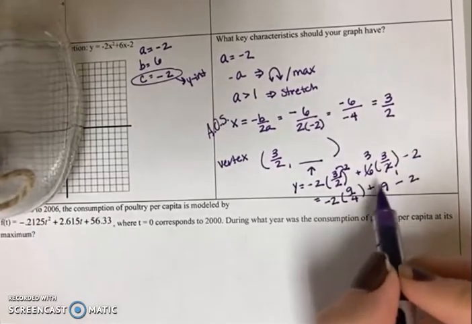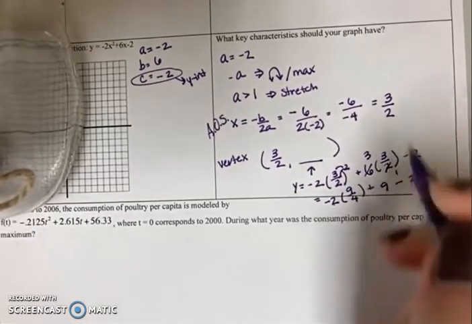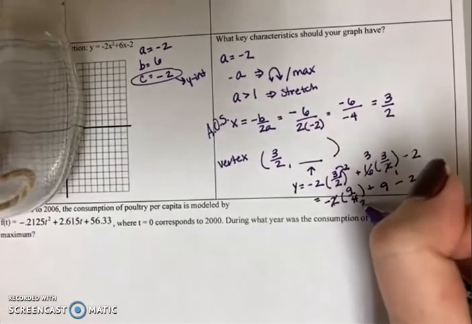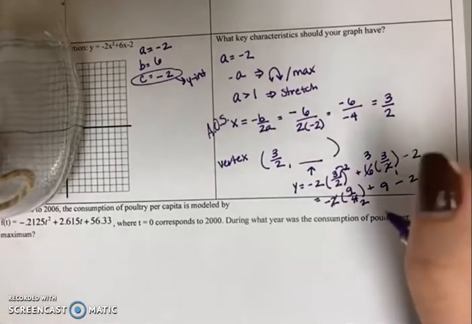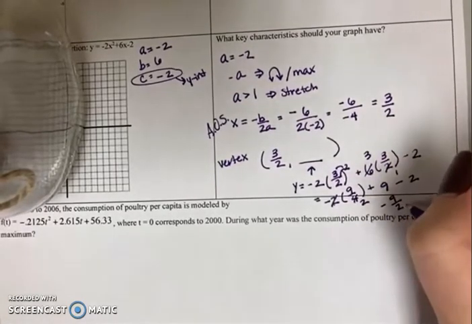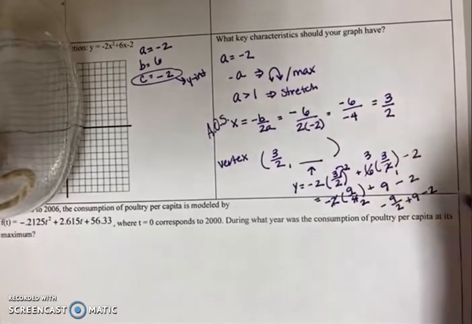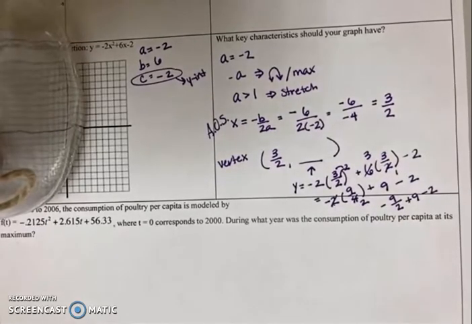Likewise, what I just did here, simplifying, 2 over 4 becomes 1/2. So that's -9/2 plus 9 minus 2. When you add or subtract fractions, you need to have a common denominator.